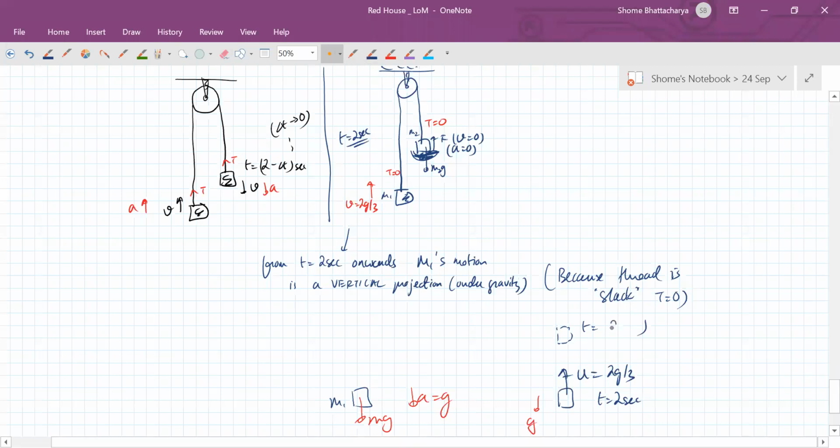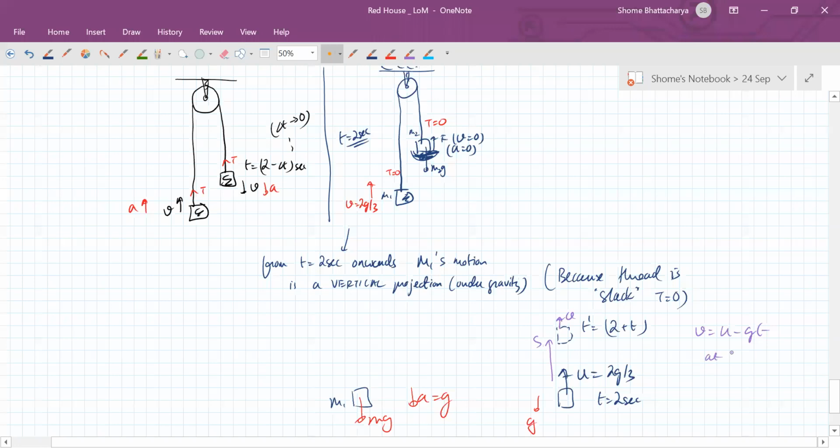So its velocity is changed to some v, and its displacement is s. So this v is basically u minus gt, and the displacement is ut minus half gt square. Okay.